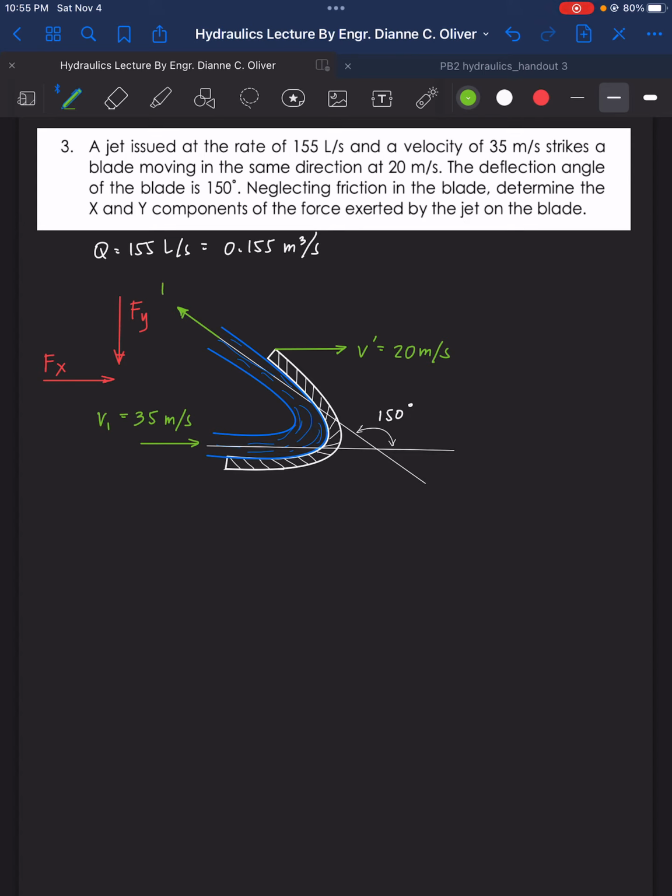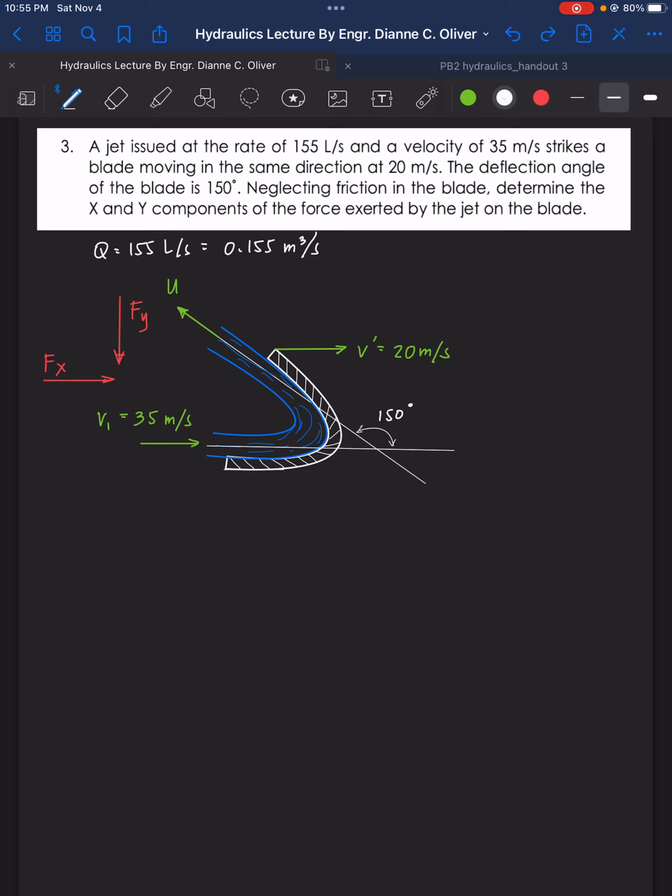So this is u. And then for V2, we are going to assume, because the direction of V2 is like this or it could be like that. So the only way to find out is to solve for the value of u first.